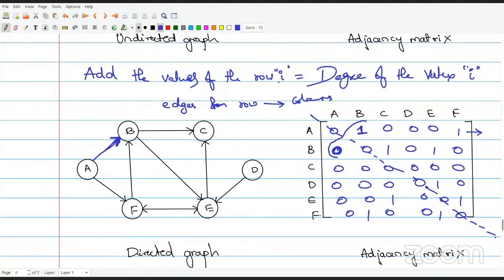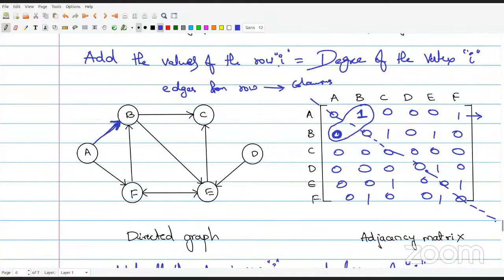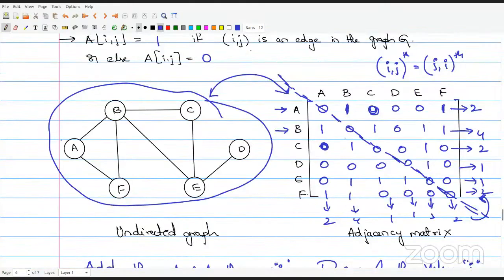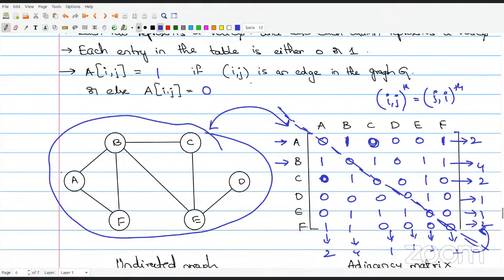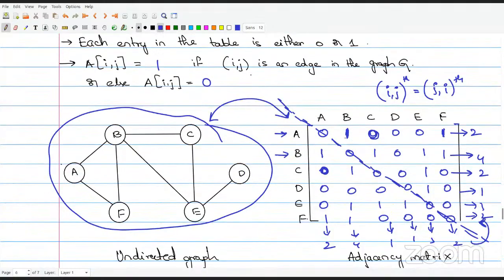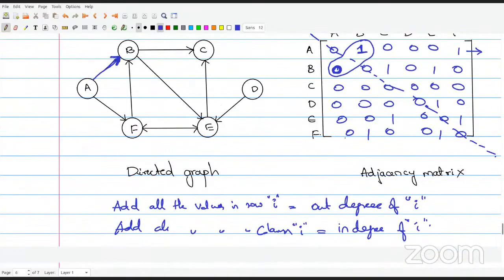The best example is this: row A column B entry is 1, but row B column A entry is 0. They are not equal, so you can say it is not an undirected graph. It is a directed graph. If it is symmetric along the diagonal, then the corresponding graph is an undirected graph. If it is not symmetric, then it is a directed graph.